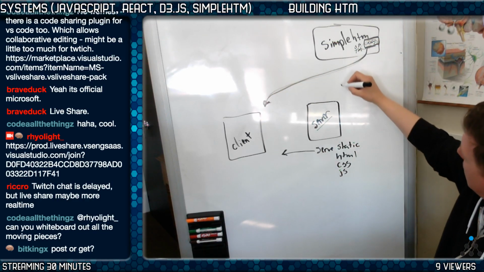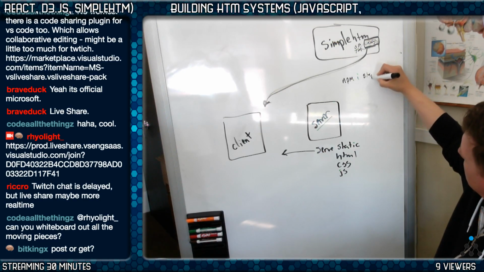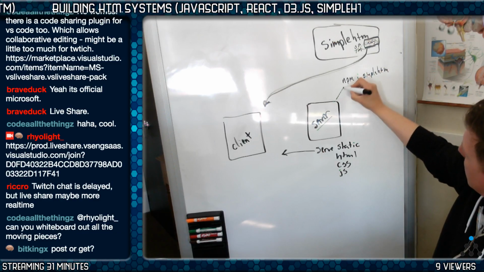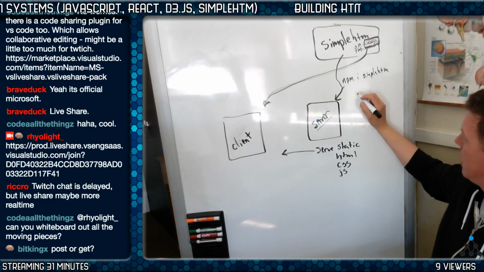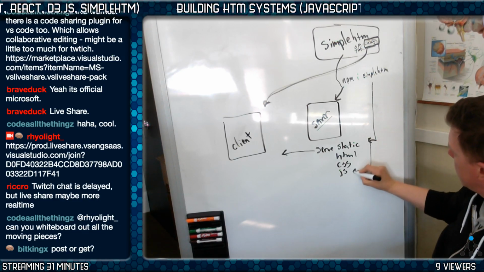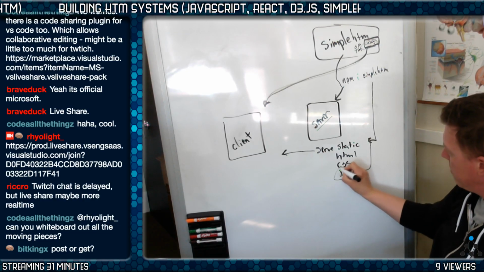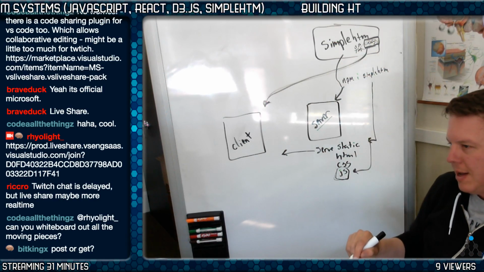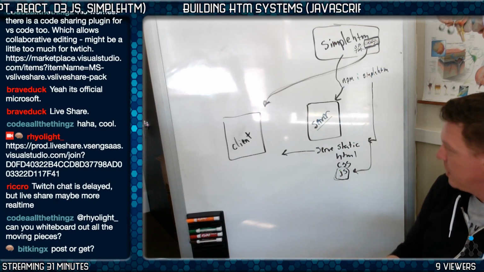So I'm assuming when we do an npm install simplehtm, all of this is available to my server code, right? But I also need to somehow get it down here so that I can easily write my client-side code to include the encoders. I'm probably going to want to use both.